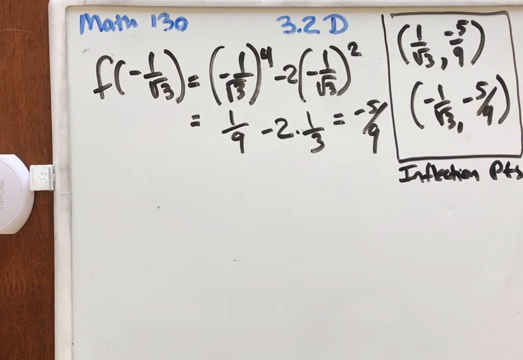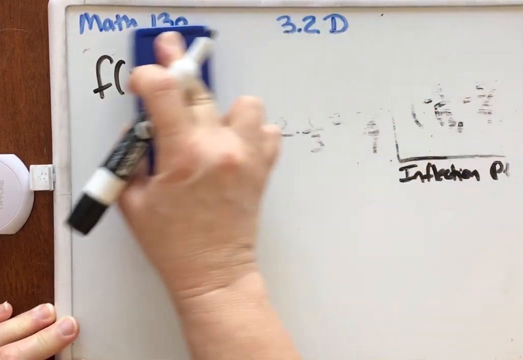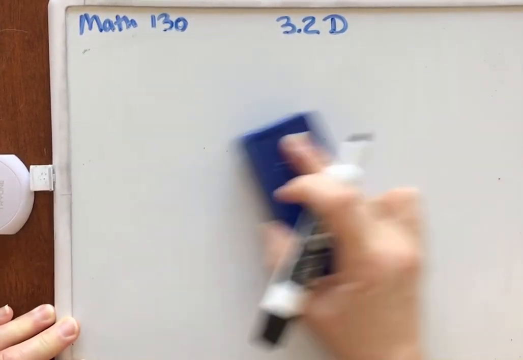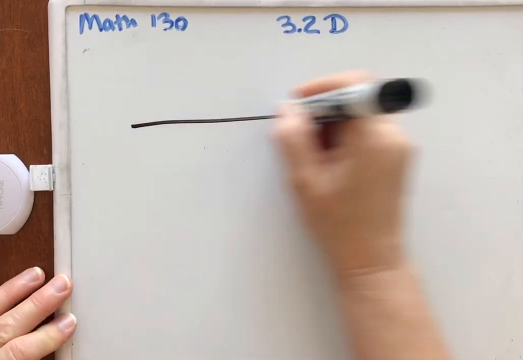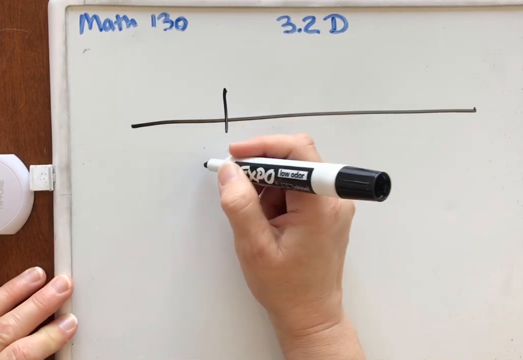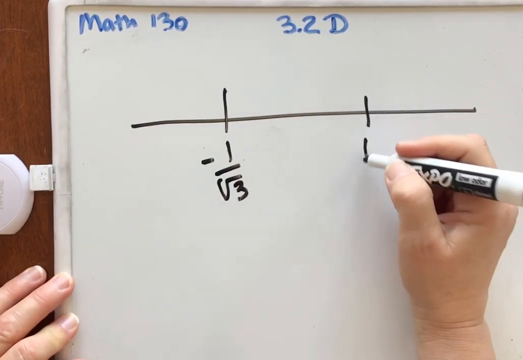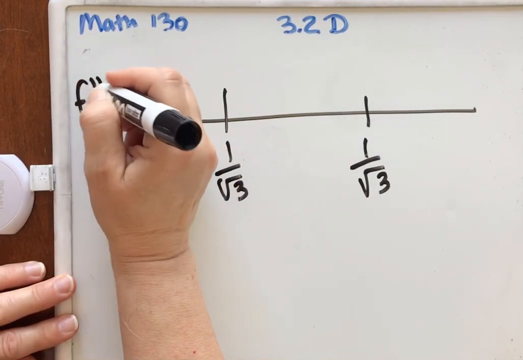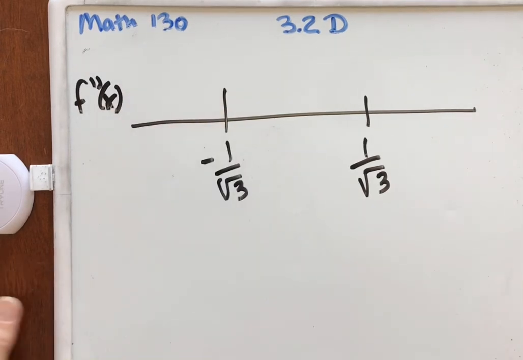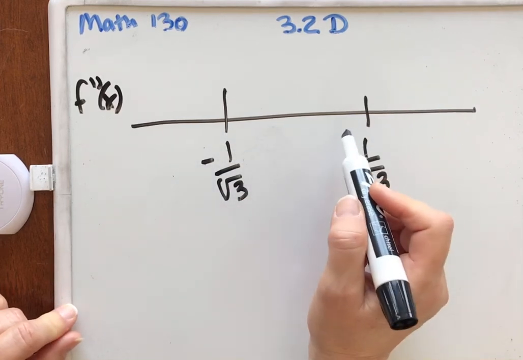Okay, now let's draw our little line, our graph, to test for concavity. So this is at negative 1 over square root of 3. This is at 1 over square root of 3. So we are going to be testing f double prime of x to see if it concaves up or concaves down, because we know these are our inflection points.